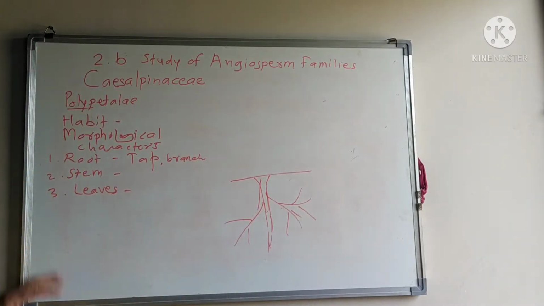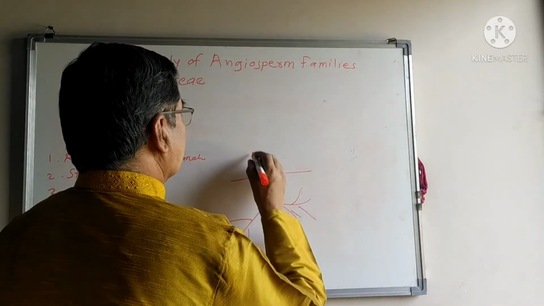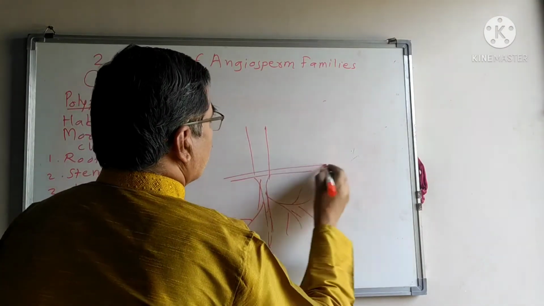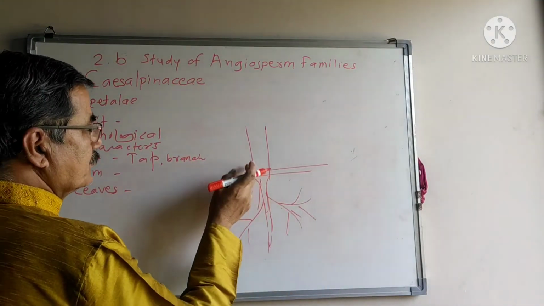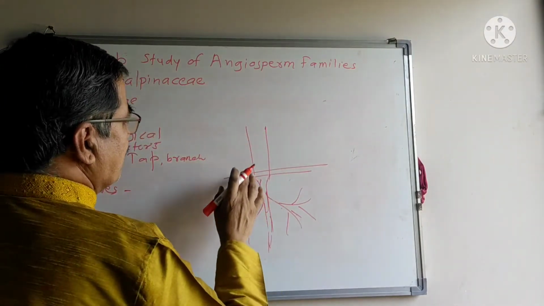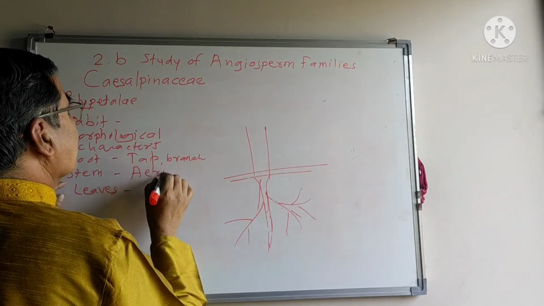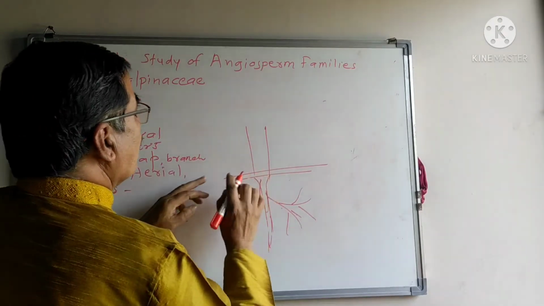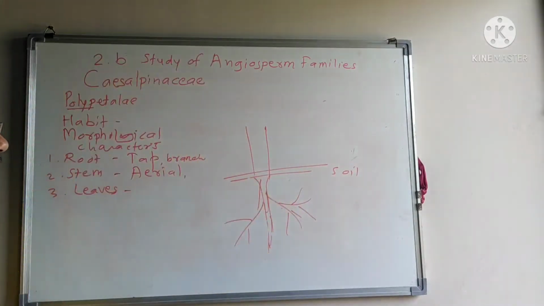Stems. The next part of these families, in the morphological characters, is the stem. Stems are aerial. This is the earth surface, the soil surface. Stems that remain above the soil surface are known as aerial, and when they grow below the soil, they are known as underground.